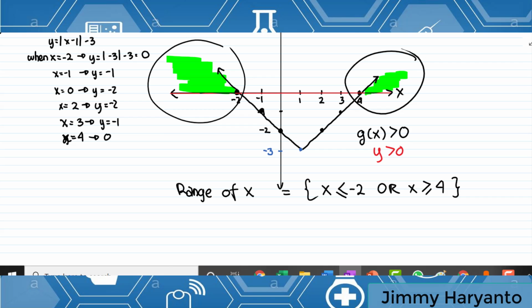But be careful with this one. I told you, be careful with the questions. The question doesn't want us to use the equal sign, so we have to erase it. The answer is like that.